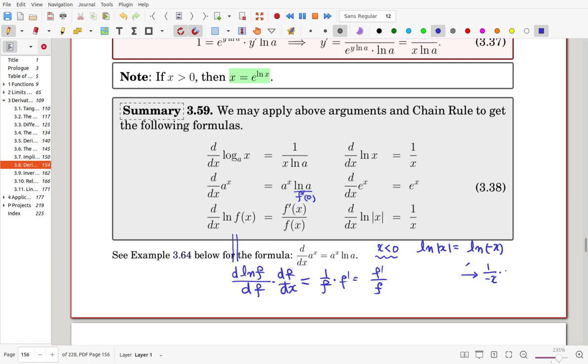And then minus x must be differentiated with respect to x, which is minus 1, so that is the same as 1 over x. So with the absolute value, the derivative of ln of the absolute value of x is the same as 1 over x. This is a generalization of that formula.